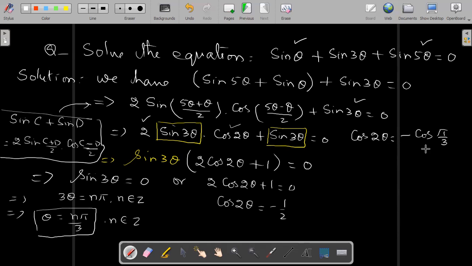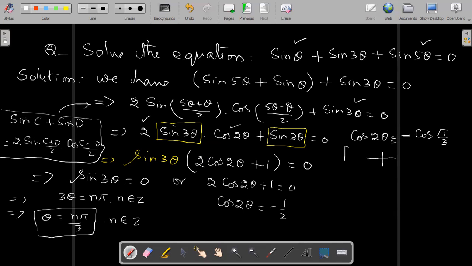Now, in order to remove this minus sign, minus cannot go inside cos. It can go by 180 degrees plus theta or 180 degrees minus theta.